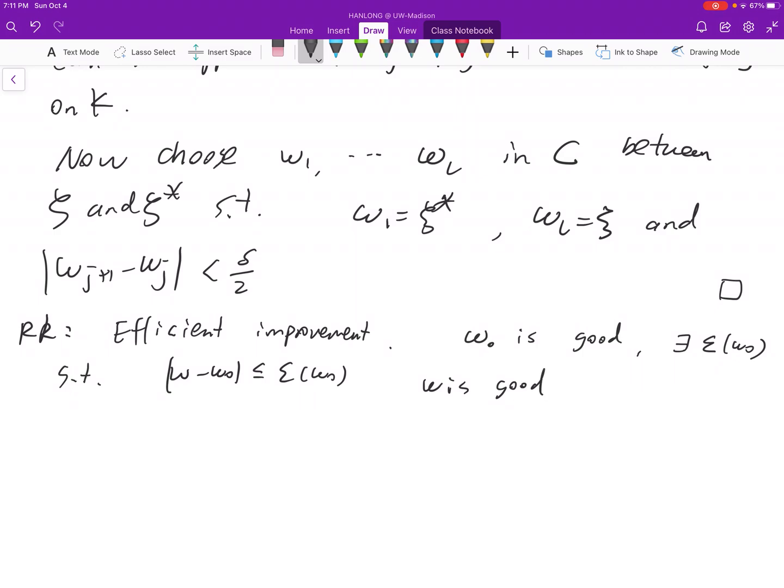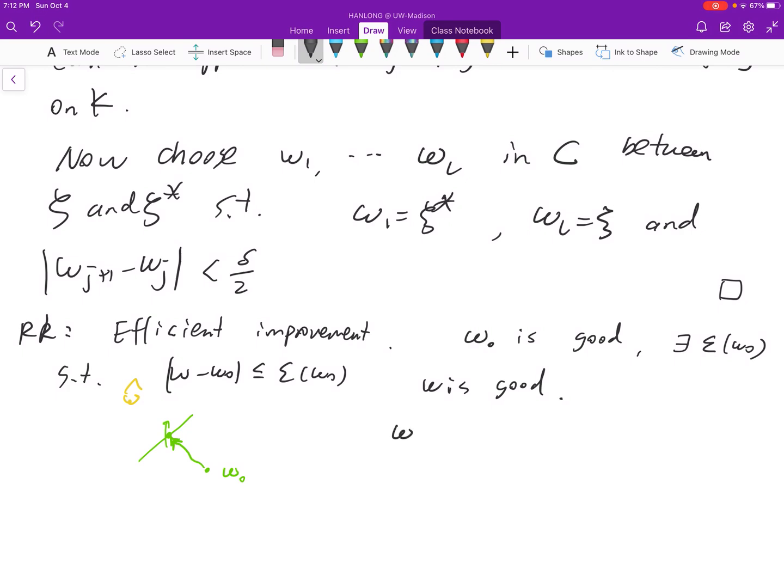Then you might have the situation that starting from omega_0, you go to some points, but then you stop at some point. Here you have a limit. You cannot go beyond this number, although your final goal is to achieve omega hat at this point. Then you need to do one more step.